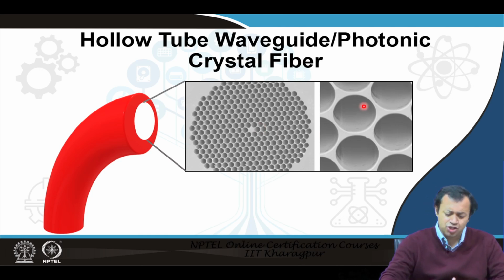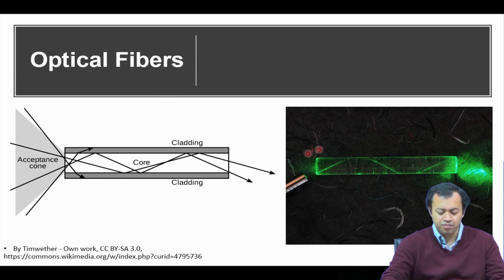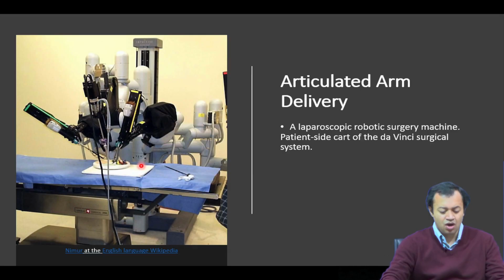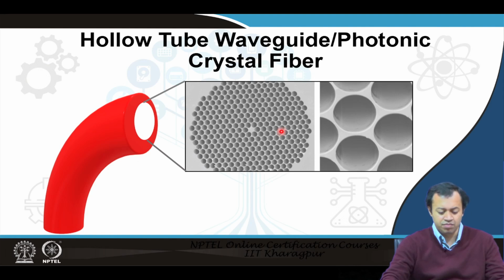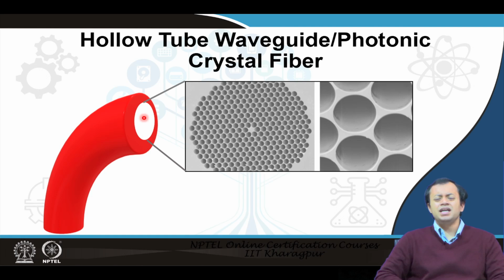Another advantage per se is that it has an air gap as compared to the previous case, which is solid. Remember, this is solid with a high refractive index, whereas these have air holes in between, so it can accept somewhat of a high power, high intensity of laser.